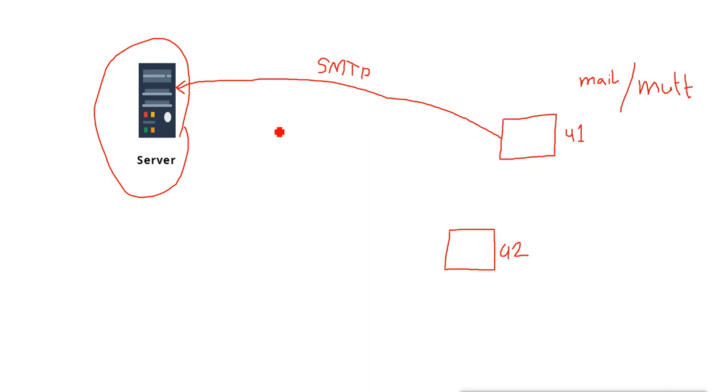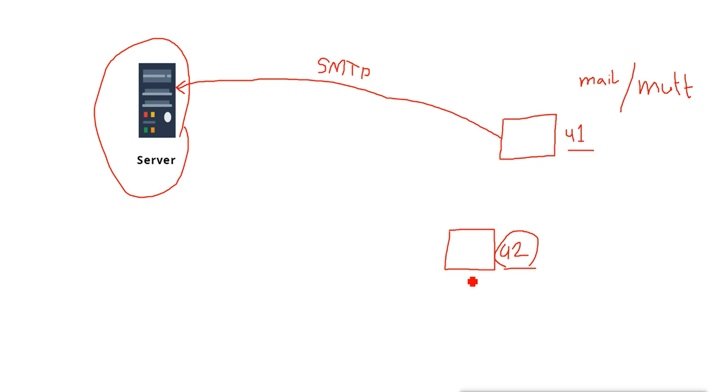Now remember, we are only sending the mail, we are not receiving the mail. That means when user 1 sends the mail, it goes to the server and is stored in the mailbox of user 2. Now when user 2 logs into this machine, all the profile files of this user on this system are loaded, and with those profile files the mails are also loaded.